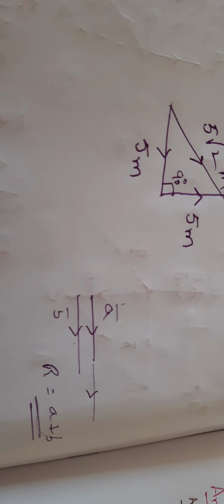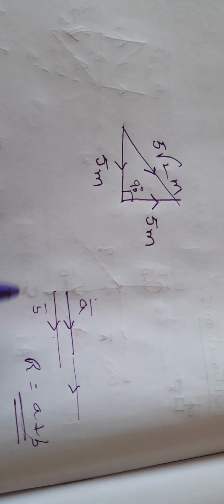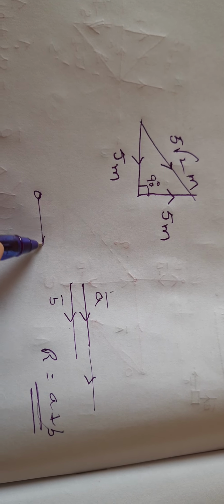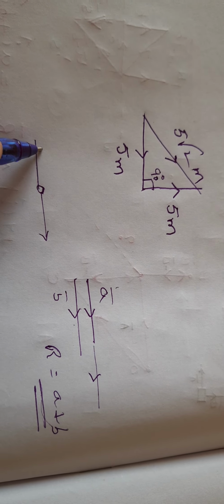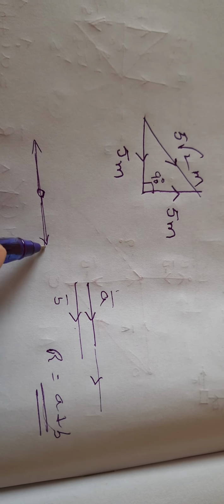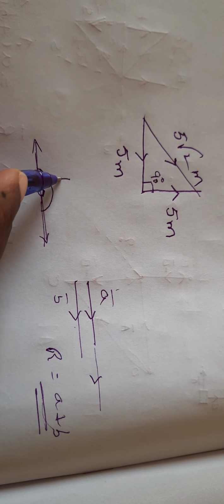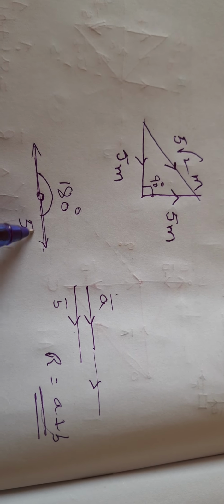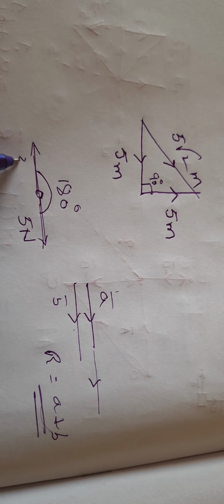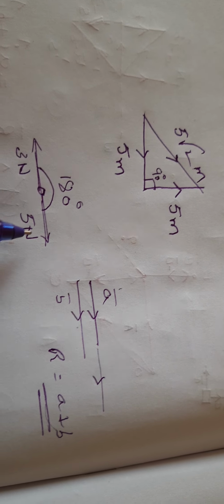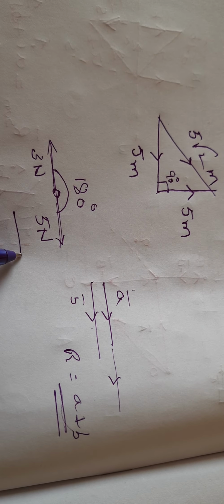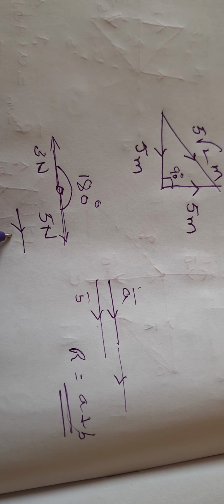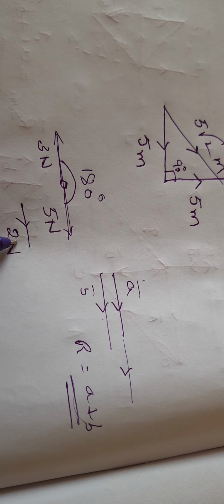If it is 180, not an issue. It is as though you have stretched both your hands in opposite directions like this. So 180 degrees, use your common sense, right? Suppose this is of 5 Newton, this is of 3 Newton, and very easily you can say that the resultant will be here, with a magnitude of 2 Newtons, right?